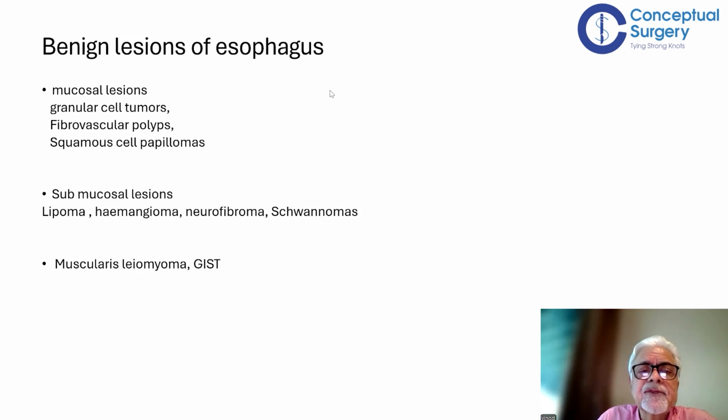In case they are symptomatic, and I think we can address the issues here itself, mostly they will be picked up on a routine endoscopy and will be asymptomatic. But in case they are symptomatic, or in case that curiosity needs to be resolved by giving a proper diagnosis, then endoscopically all these lesions can be managed unless they are too extensive.